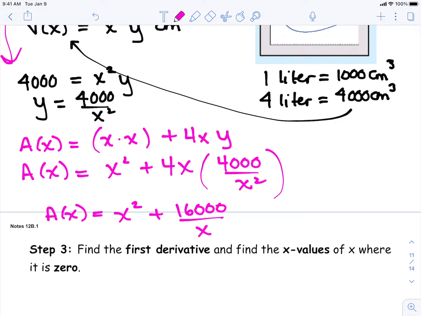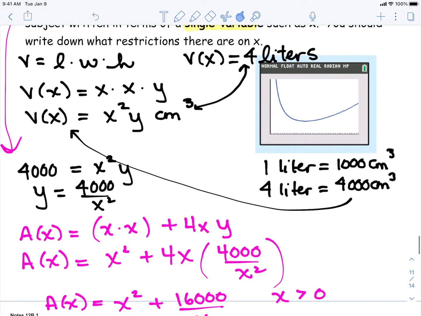And we want to make sure that our area restriction has a domain of something greater than 0. I did screenshot this graph. So this is taking that function and graphing it out.